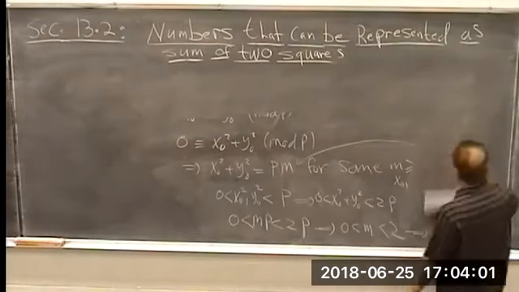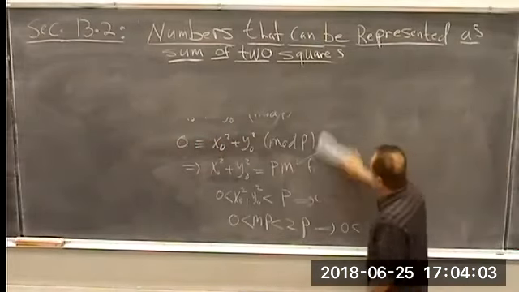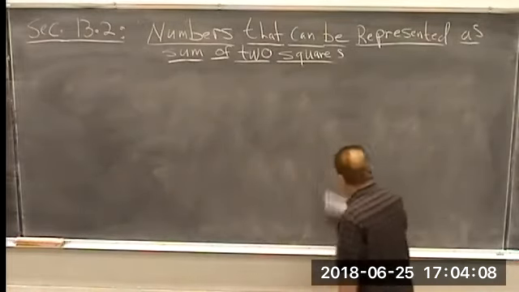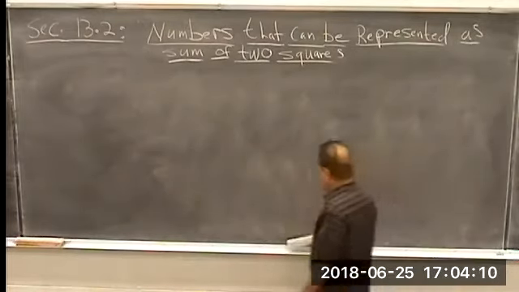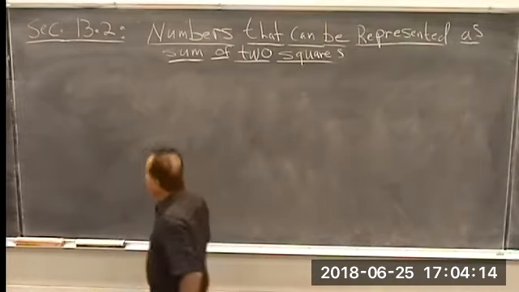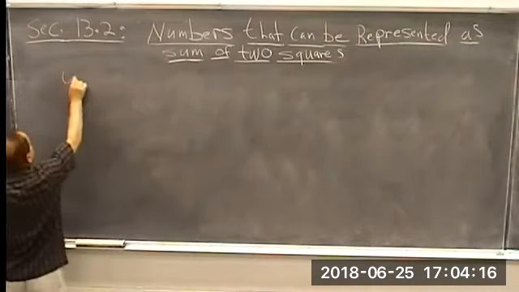Next corollary. It just states the uniqueness because we have done the existence of the representation. So here it is. Corollary.